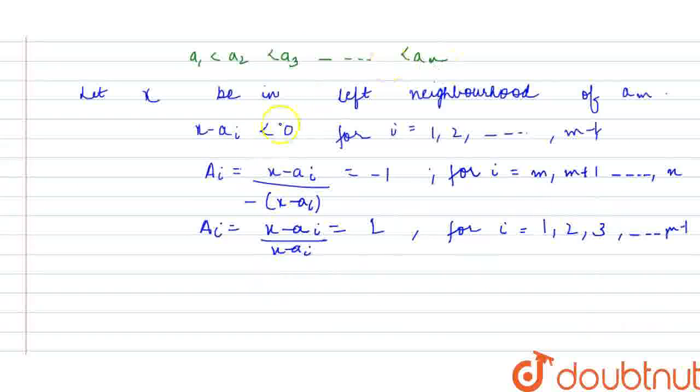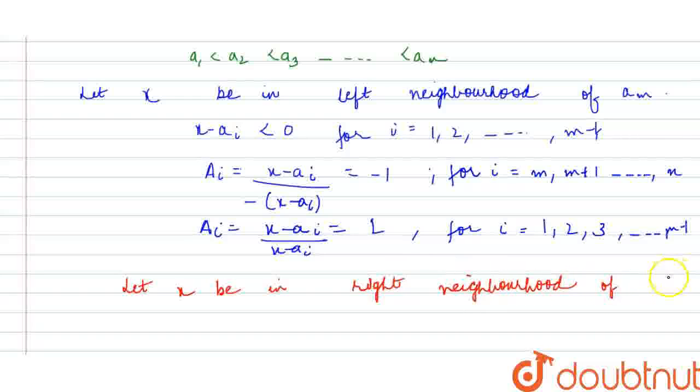Now proceeding forward. So if this was the case when x was in the left neighborhood of am, now let x be in the right neighborhood of am.